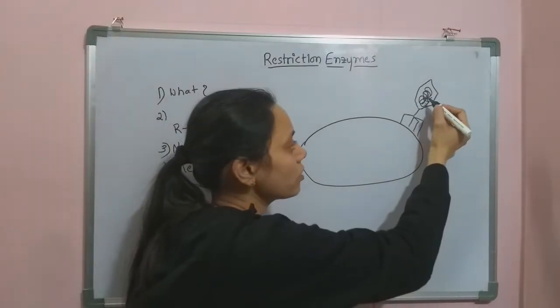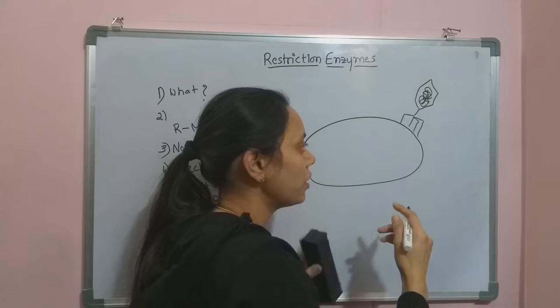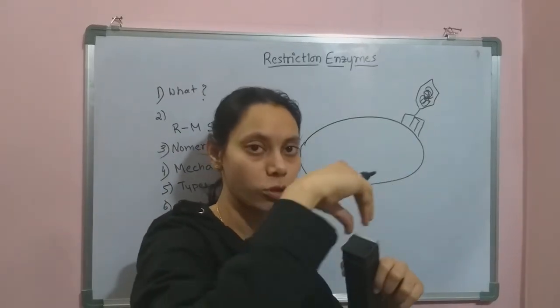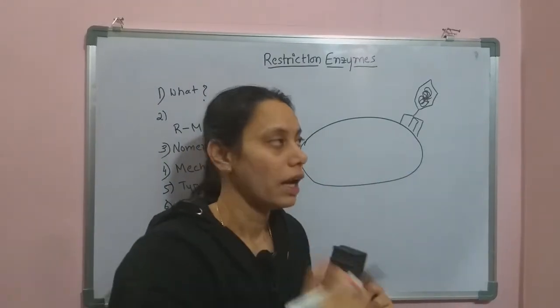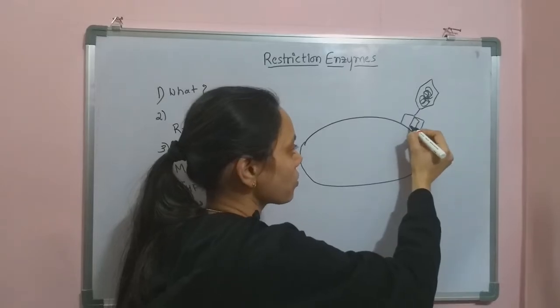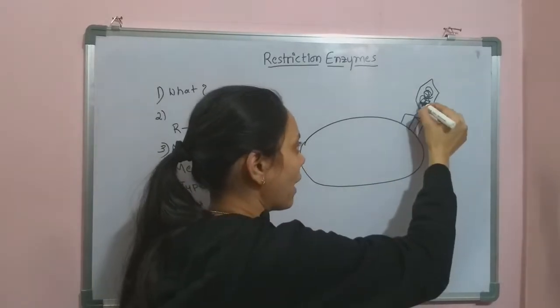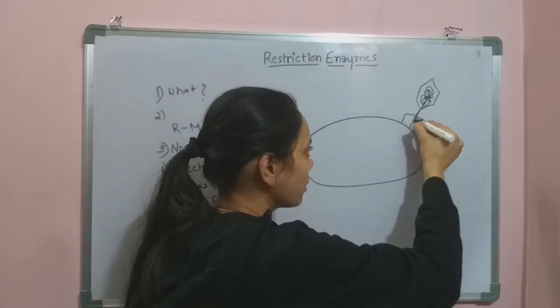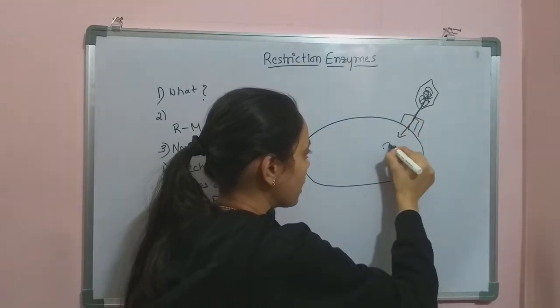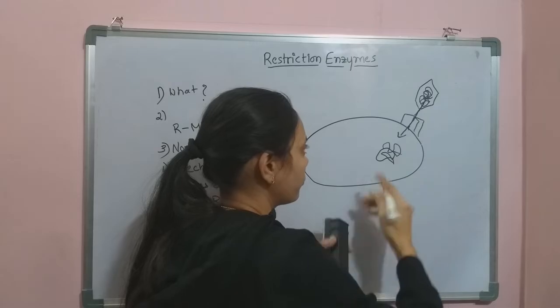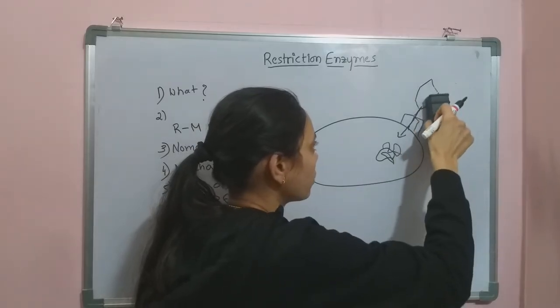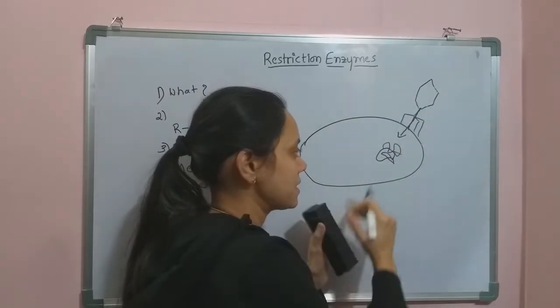Generally these bacteriophages adsorb on the surface of the bacteria and, once the infection process is carried out, they inject their nucleic acid into the bacterial cell.